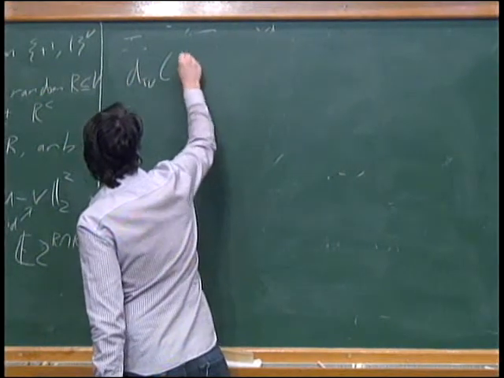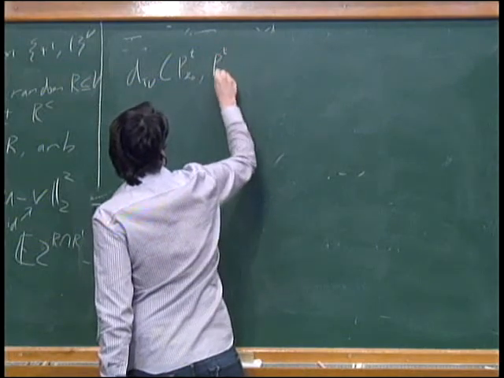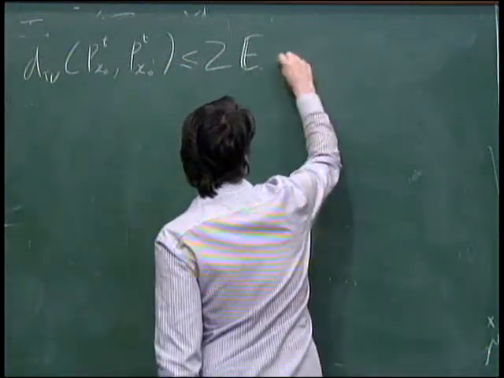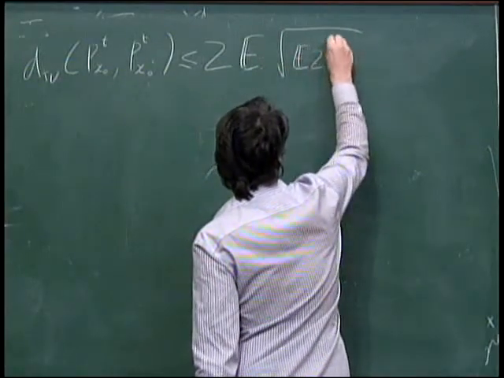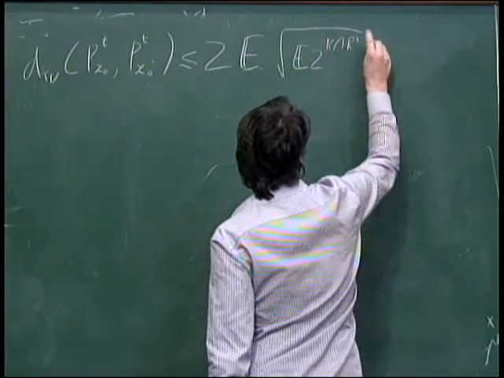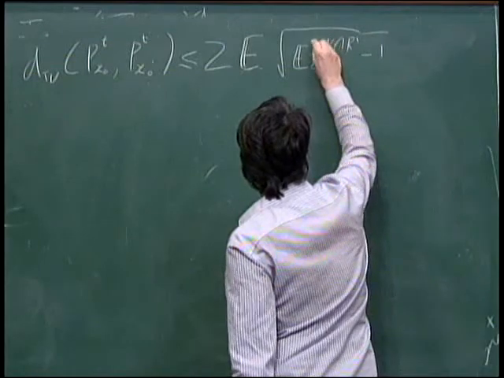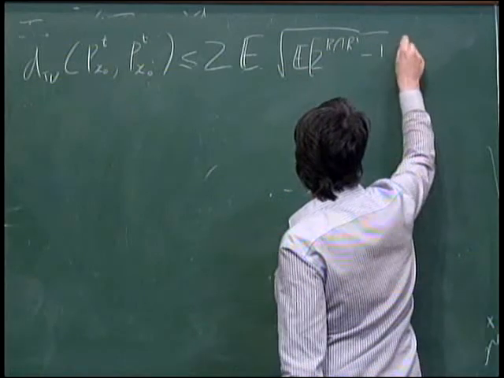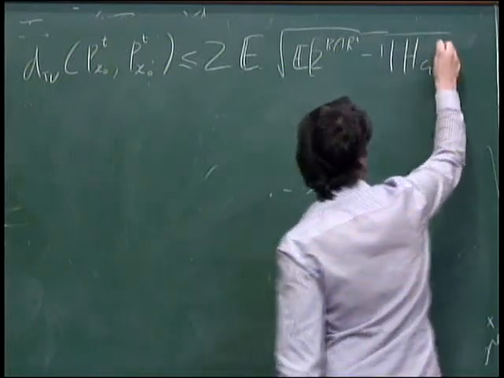And we get the total variation distance at time t from two different initial configurations, where h of g is going to be the history of the g ones.